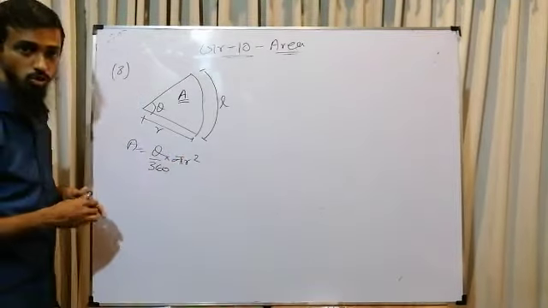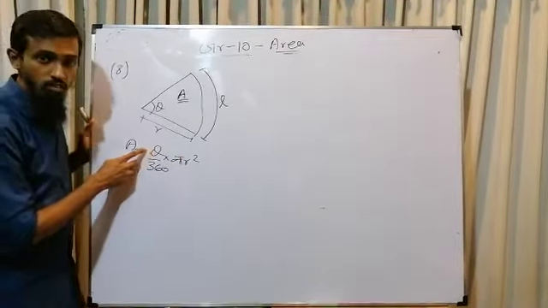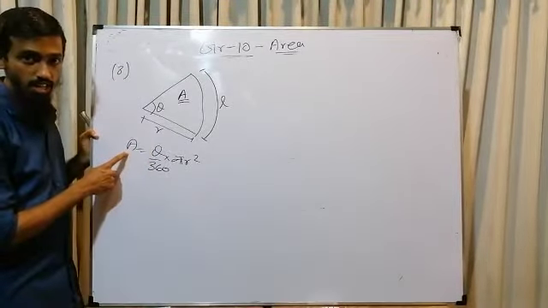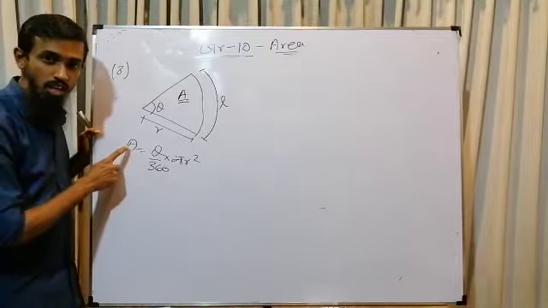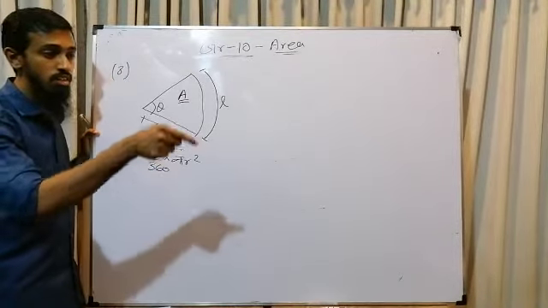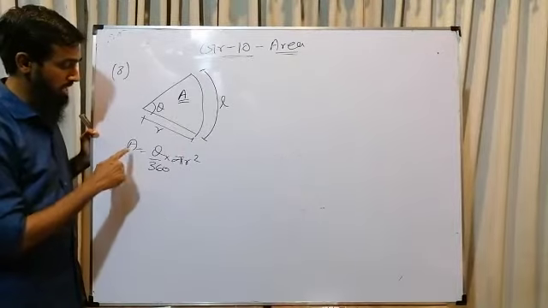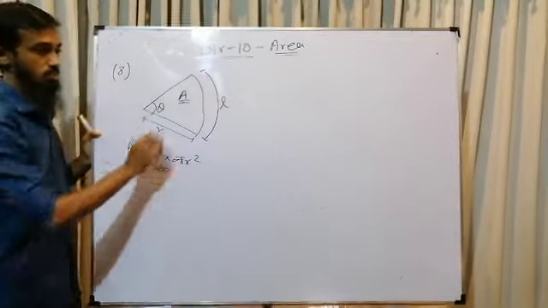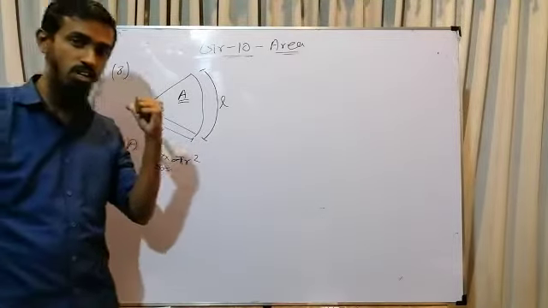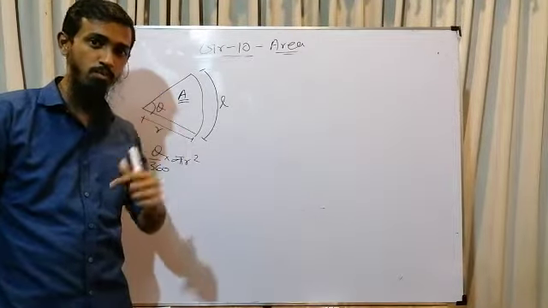We discussed this so many times. If we have the angle theta and the radius, we can find the area. But here they ask to relate the area with the arc length. So we need to go back and gain some knowledge from perimeter.